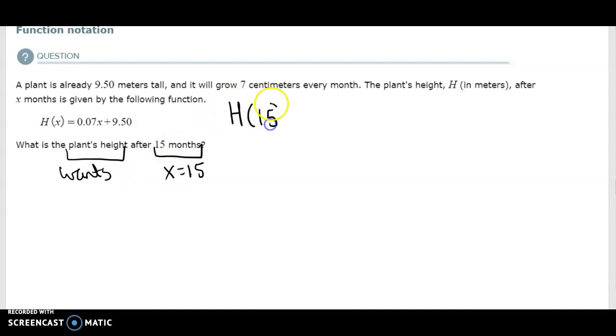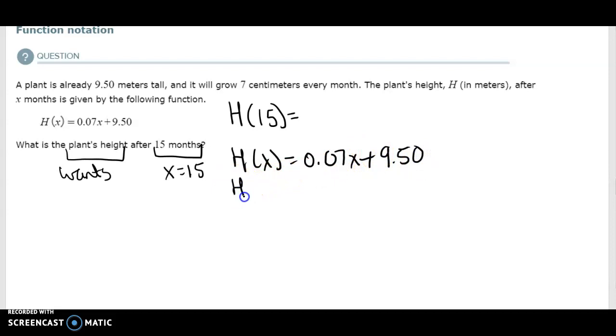after 15 months is what we're going to try to find, but we're going to start with what h is, and then we're going to input everywhere we see an x, we're going to put that 15 months.